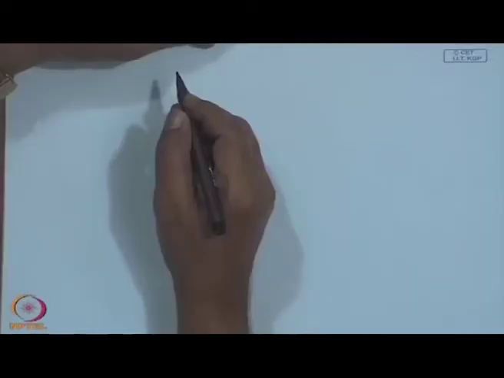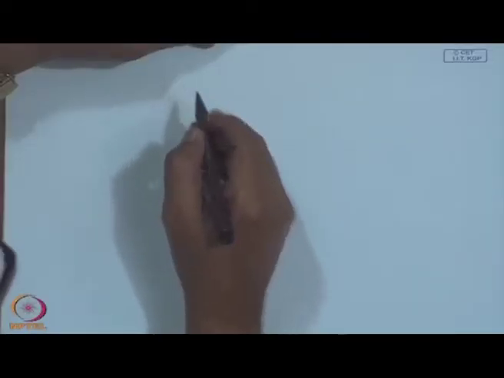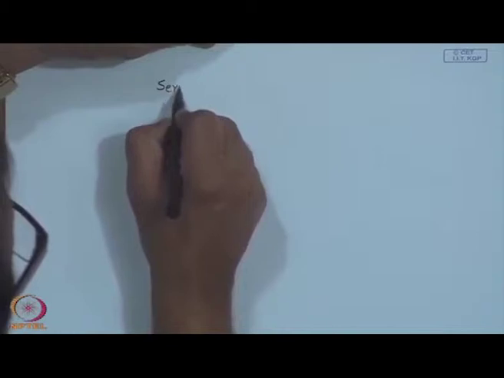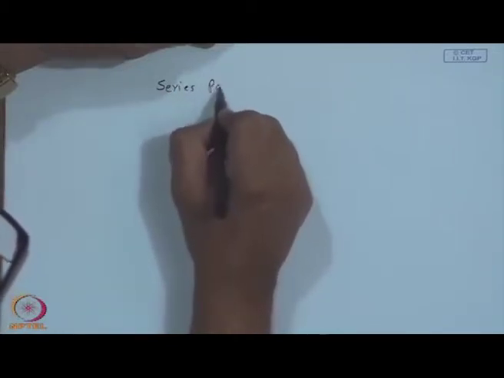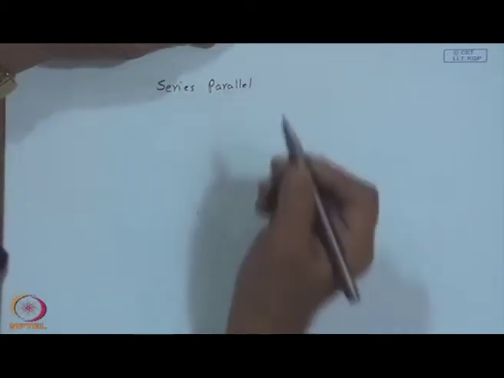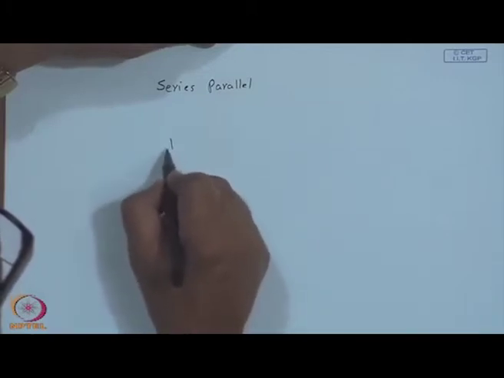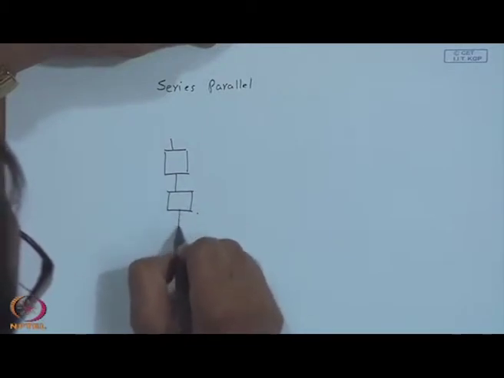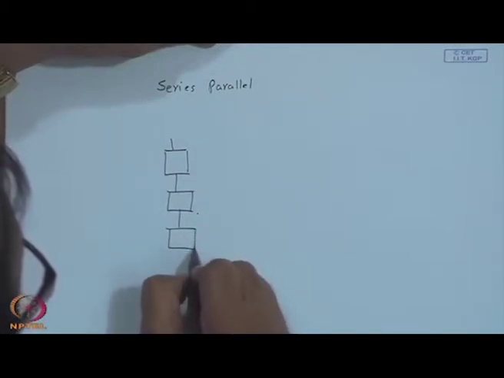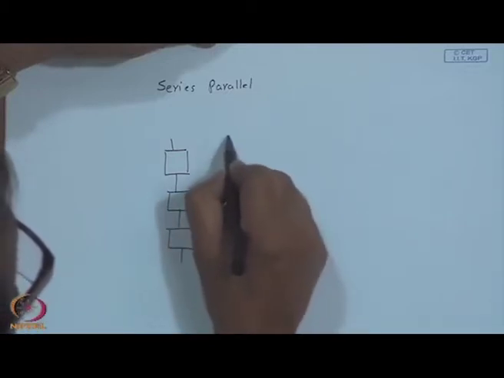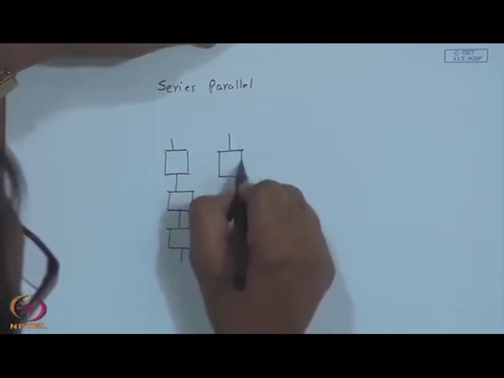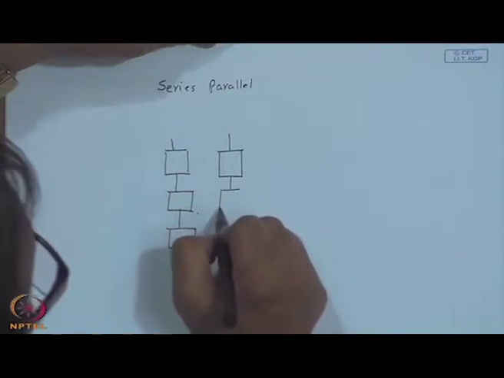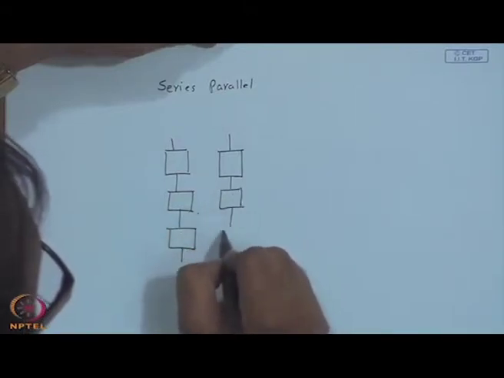So, one can think of a combination of these things, series we have considered, parallel we have considered, and series parallel. So, 3 collectors over here, they are in series and they are in parallel with another 3 collectors.